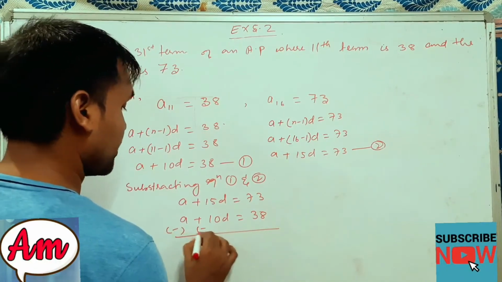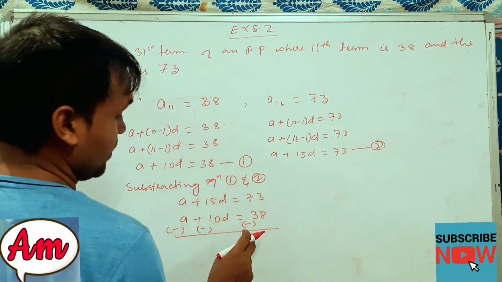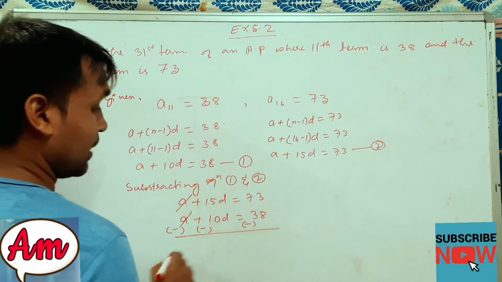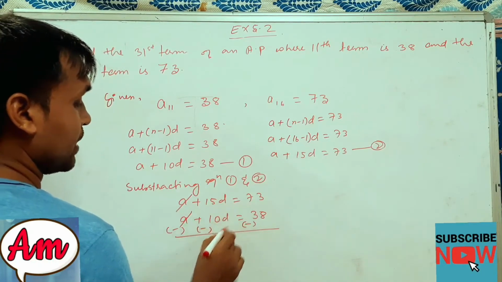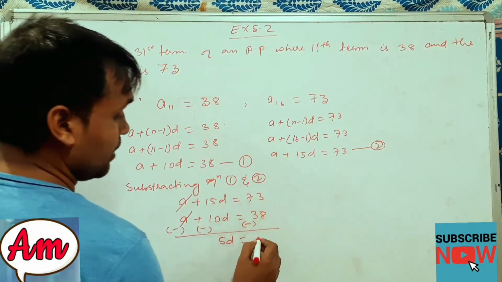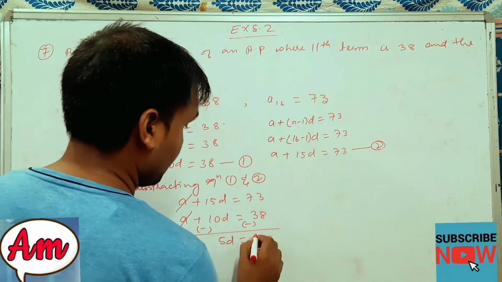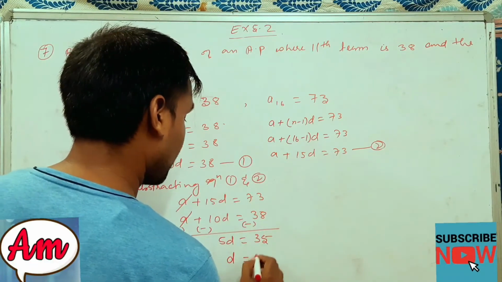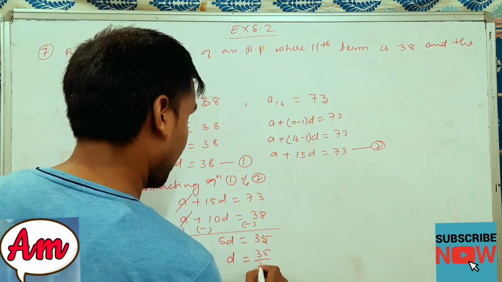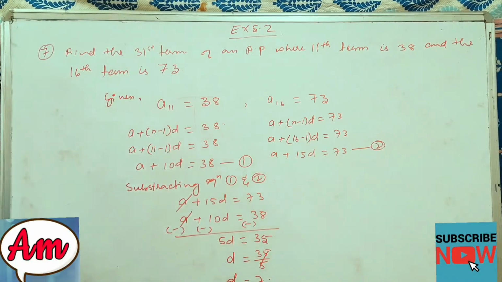Subtraction means the sign will change, so plus becomes minus. a and a will be cancelled. 15d minus 10d is 5d, and 73 minus 38 is 35. So d equals 35 by 5, which equals 7. So d equals 7.